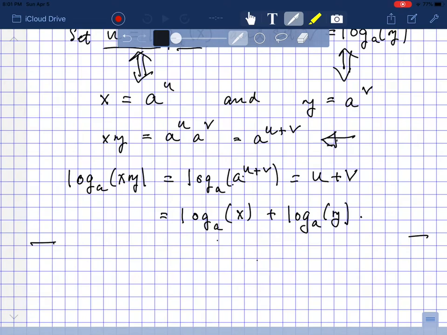All right, there's another very useful identity that we need to take a look at, and that's the following. The log base a of x to the y power. Now here, x has to be positive, but y can be any real number.